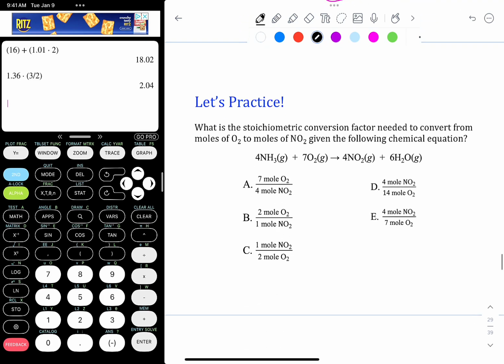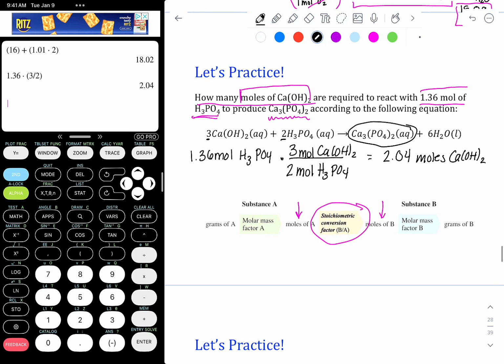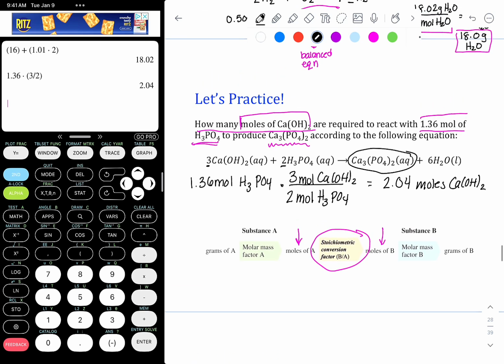Okay, so let's take this stepwise now. One thing I want to point out here is that we need to label everything, because now we're dealing with things that have same units, moles and moles, but the values are going to change depending on what the compound is.